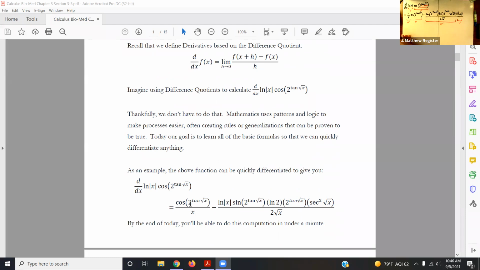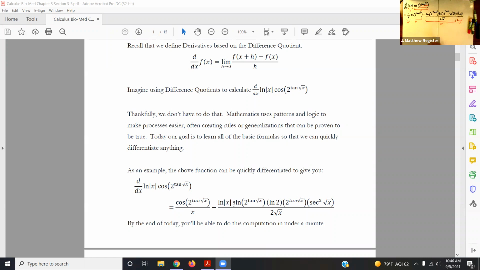It would not actually matter for this function because the square root of x is already basically forcing the function to only be defined for positive values. And so without the absolute value, it should be okay. But we get natural log absolute value of x, we get the sine, we get the natural log of 2 to the stuff, we get the secant squared of stuff, and then we get the 2 root x.